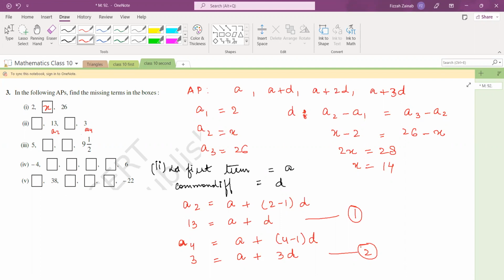Subtract the first equation from the second, or second from the first, whatever. Yes, Hamna, how much is a and d here?